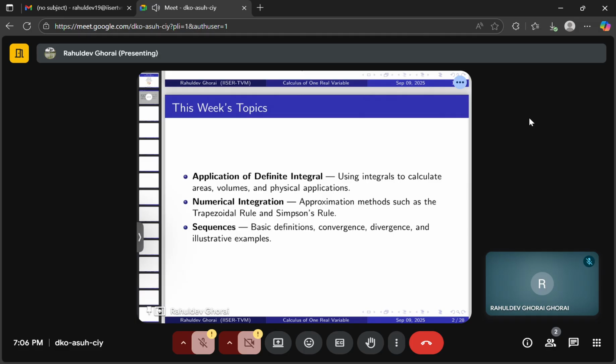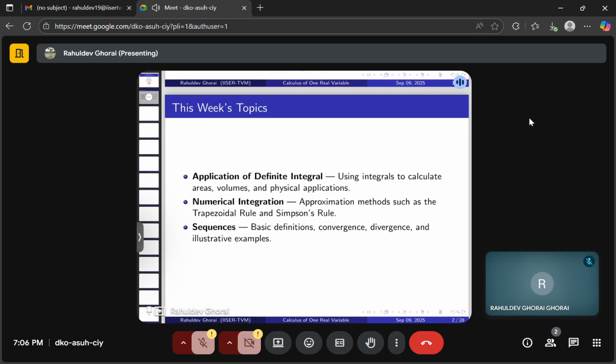So we'll start directly with numerical integration, right? In numerical integration, there are only two methods that have been done, right? Like trapezoidal rule and Simpson rule. These are to approximate integration.